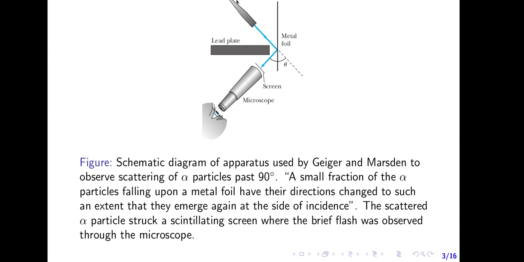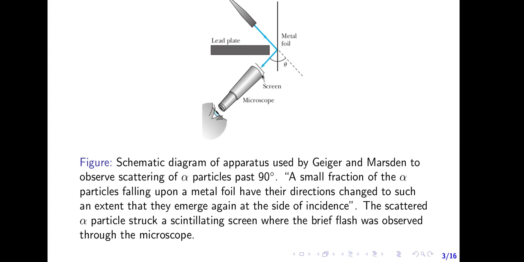What will happen is the alpha particle strikes the metal foil, gets reflected and strikes this screen. What we were expecting was that there would be no scattering of the alpha particles.